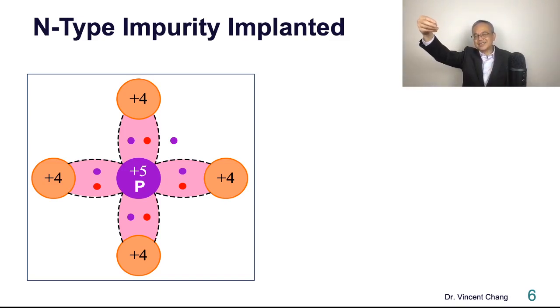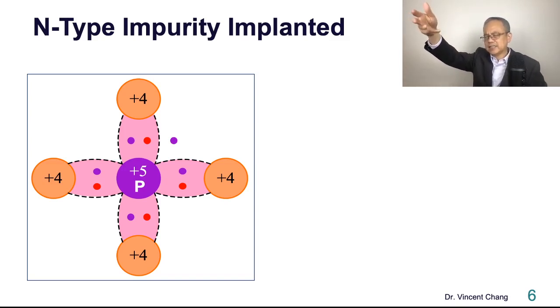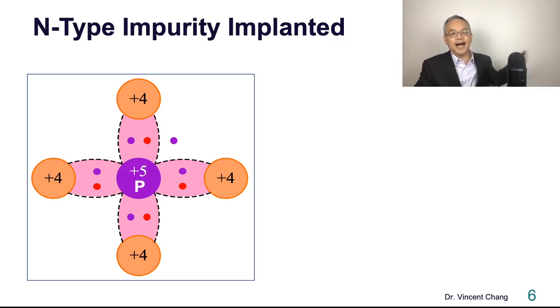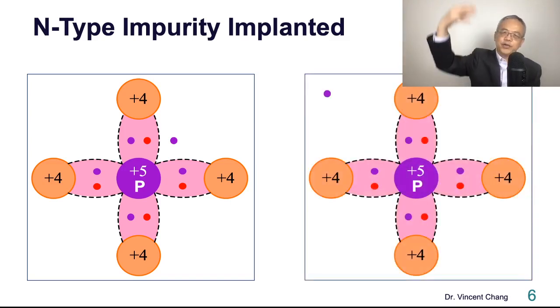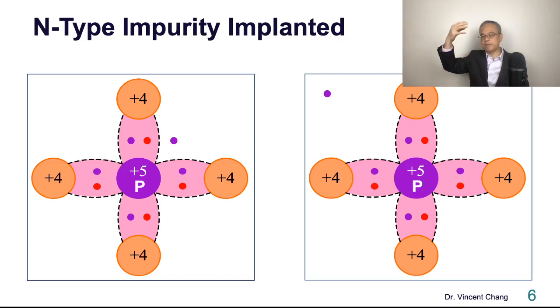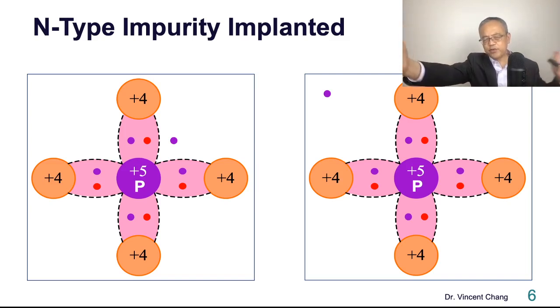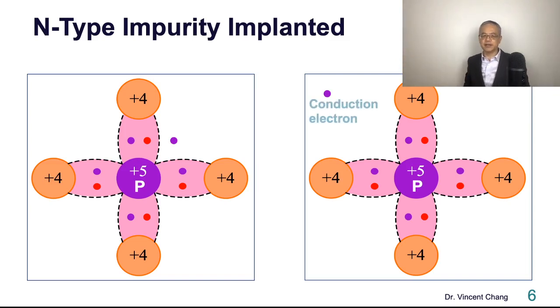Once you give the 5th kid, the 5th electron, a little bit of thermal energy, which is usually satisfied at room temperature, it says goodbye to the parent. Bye. I become free. I become a free electron, a conduction electron.